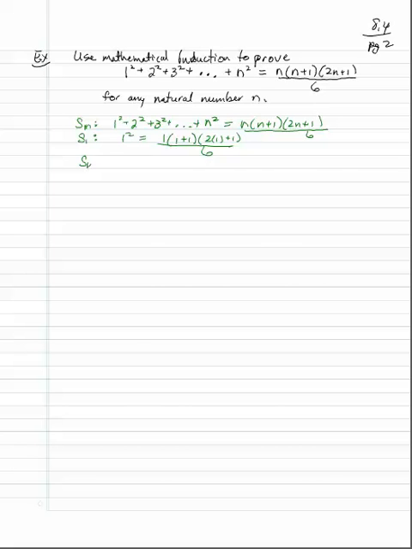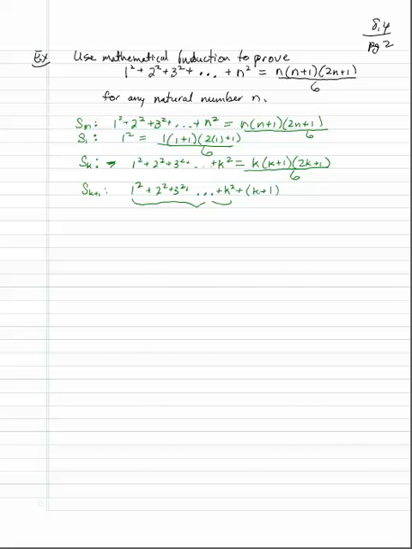And S sub k would be 1 squared plus 2 squared plus 3 squared plus dot dot dot. And then S sub k plus 1 would be 1 squared plus 2 squared plus 3 squared. Now again, remember, include that S sub k statement, and then we're going to do the next one, because in the induction step, we're going to assume that that equals the result of the statement we just wrote.